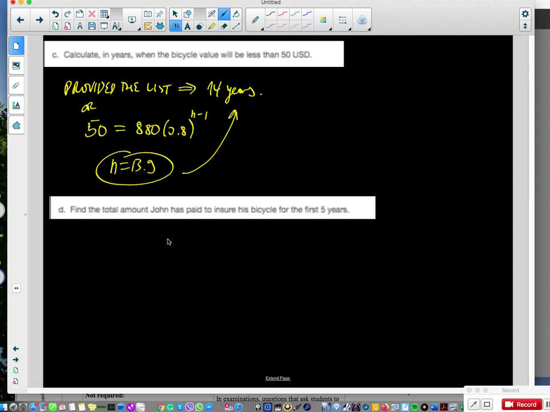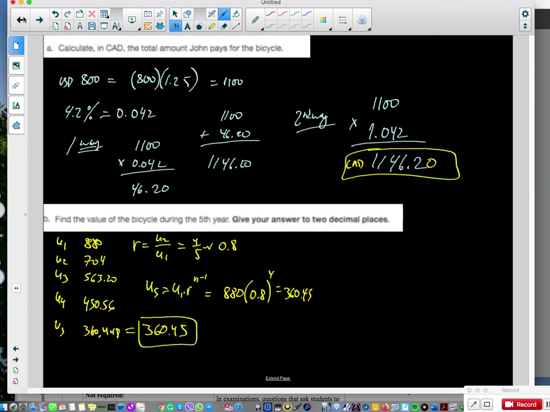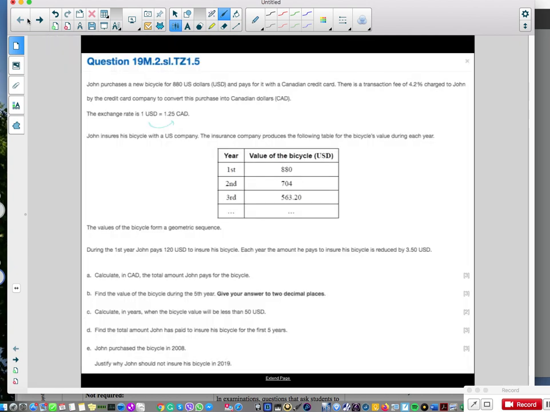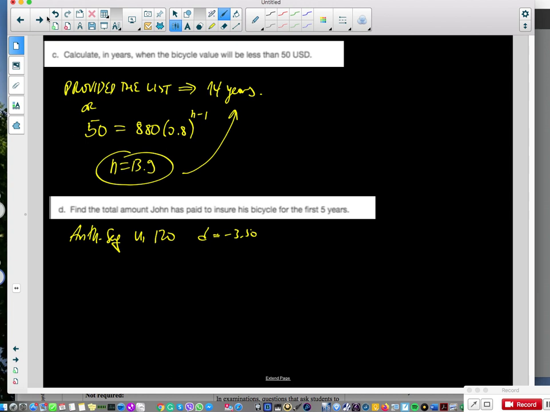It's an arithmetic sequence that starts at 120, that's your U1, and your D is negative 3.50, because it says you keep paying less every year, reduced by 3.50 every year.